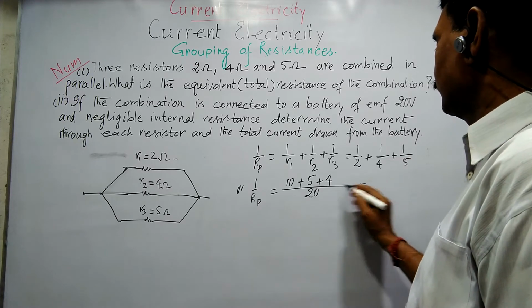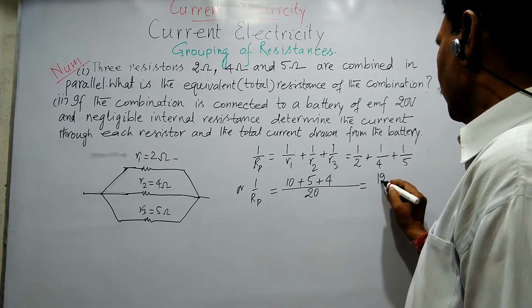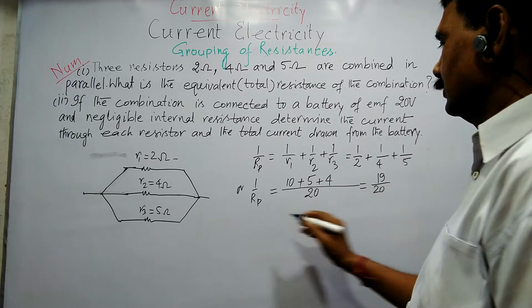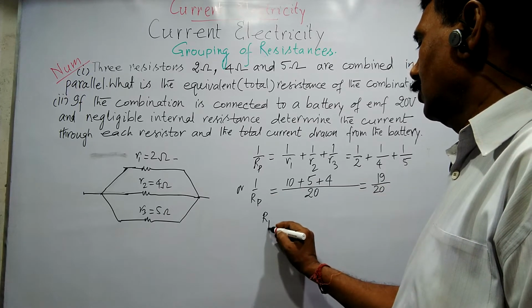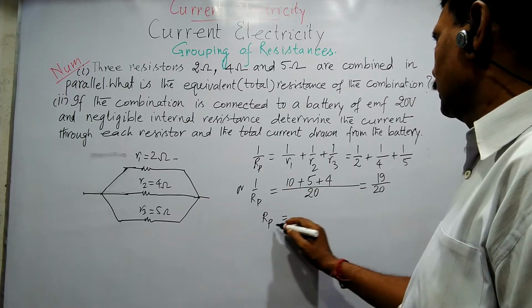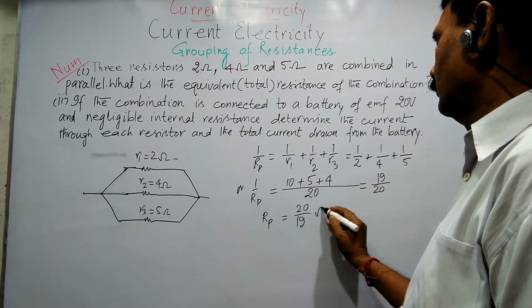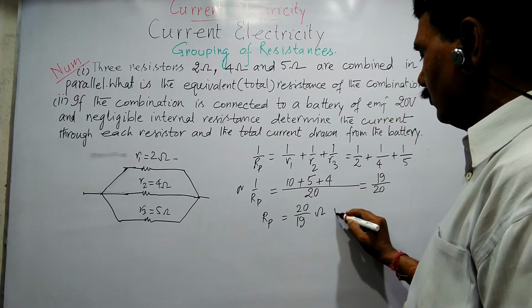Now what is this? 10 plus 5, 15 plus 4, 19 by 20. Then the reciprocal of this: 1 by Rp equal to 19 by 20. Then Rp will be what? 20 by 19 ohm.